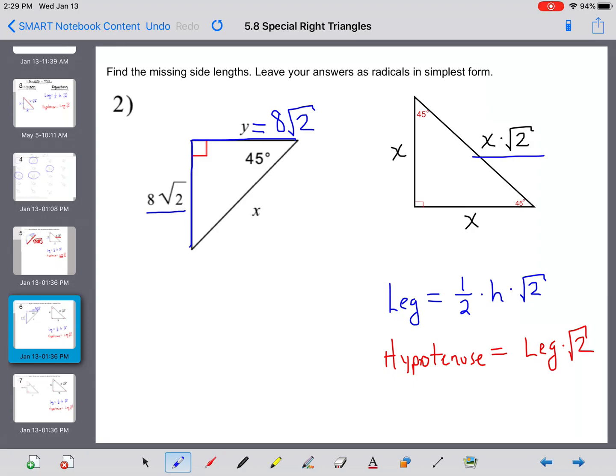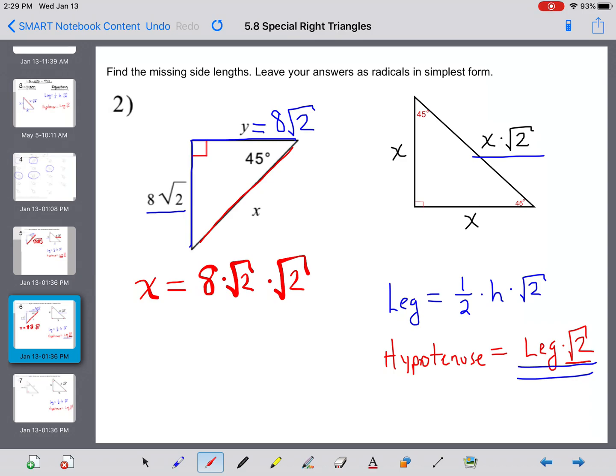To find the hypotenuse, it's the leg times the square root of 2. The leg is 8 times the square root of 2, and we need to multiply that by the square root of 2.